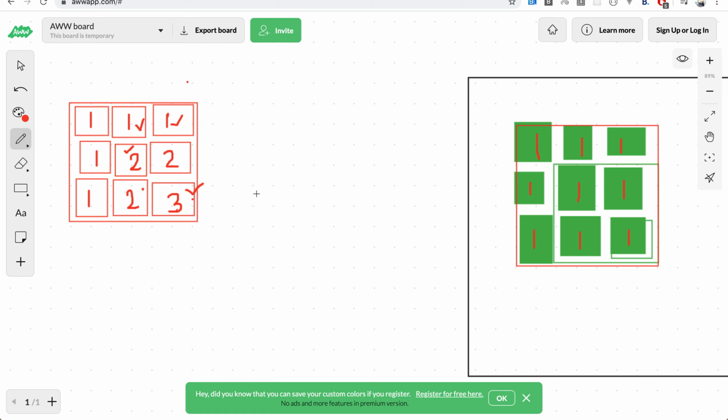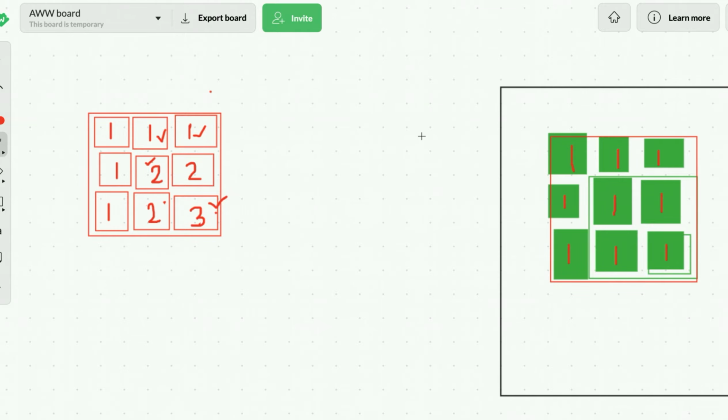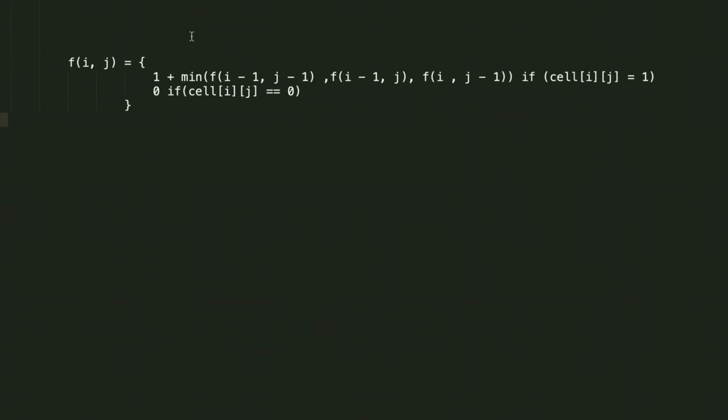See how we can generalize our approach into some sort of recurrence relation or formula using which we can find, for a particular cell, the amount of squares with all the cells 1 ending at that cell.